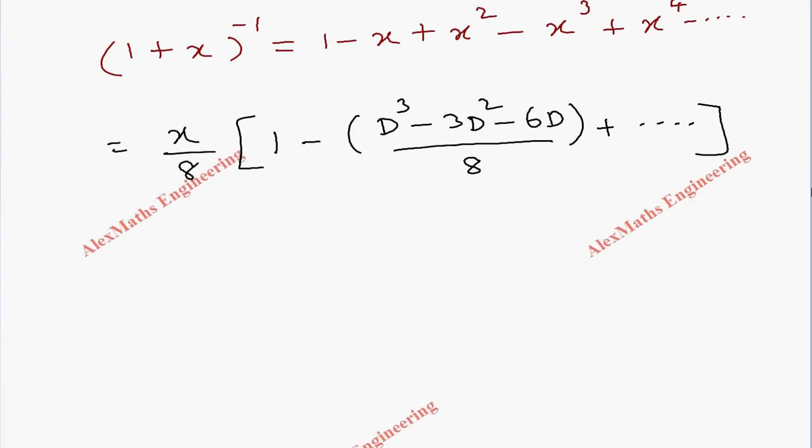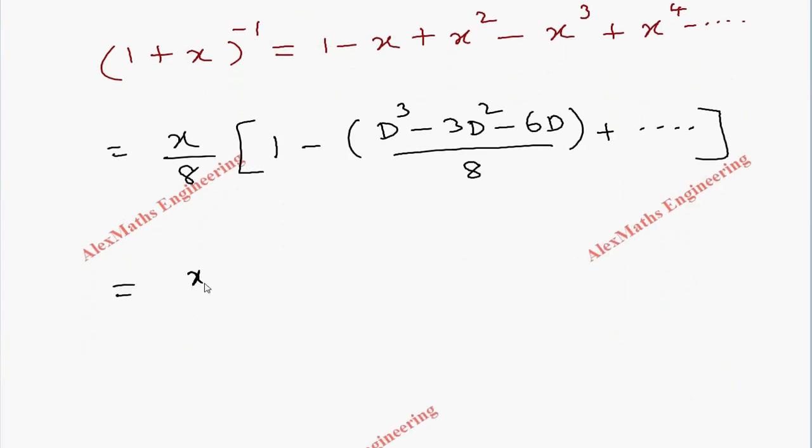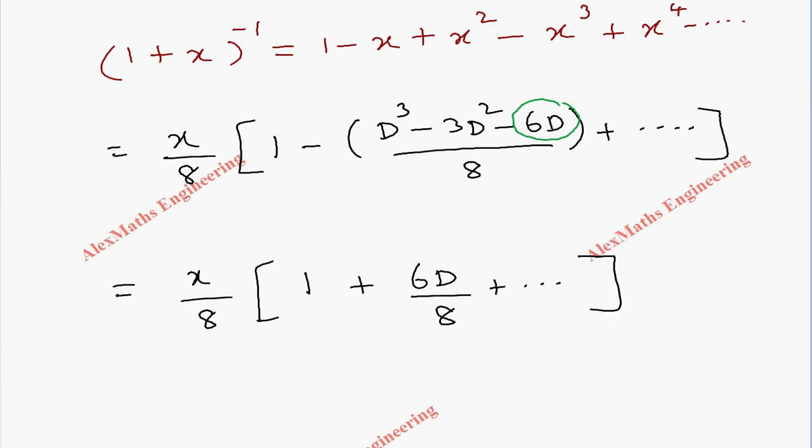It is differentiable only once. So x by 8, 1, and here we can keep only this term because x is differentiable only once. When differentiated thrice or twice, it will become 0. So it will become plus 6D by 8. All the other higher powers we ignored.